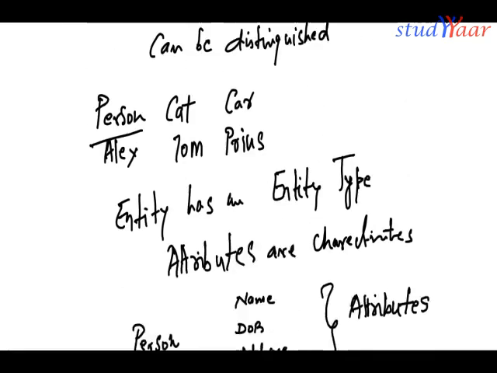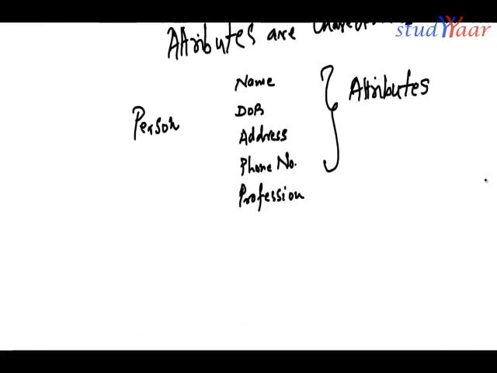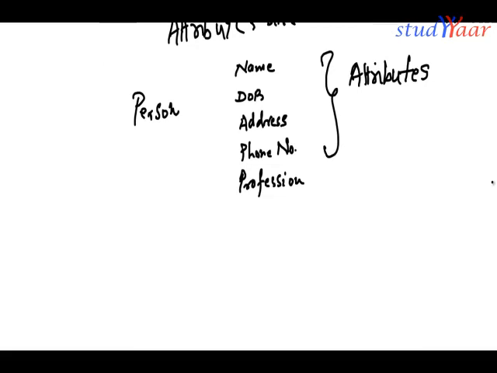So let's see how we represent an entity and its attributes in an entity relationship model. An entity is represented as an oval. Oops, my bad.